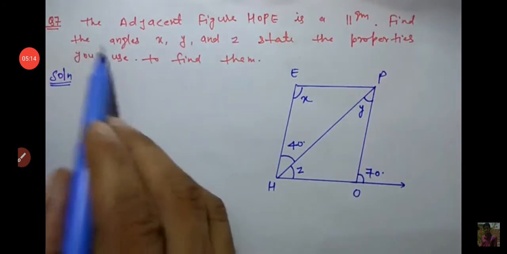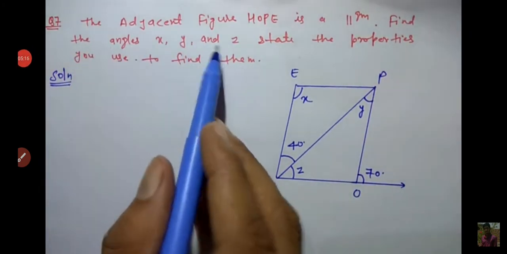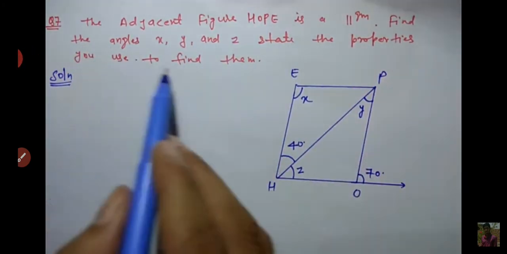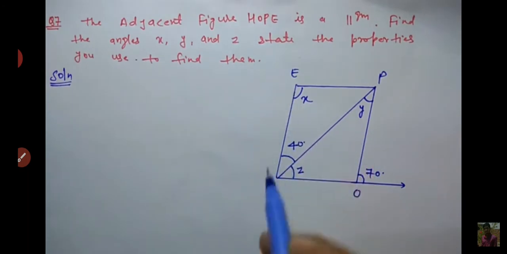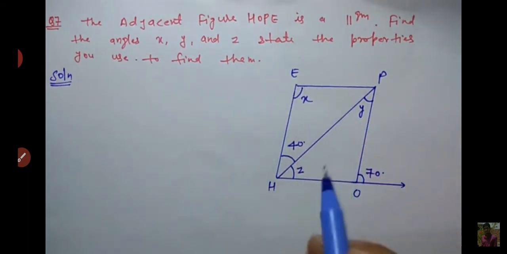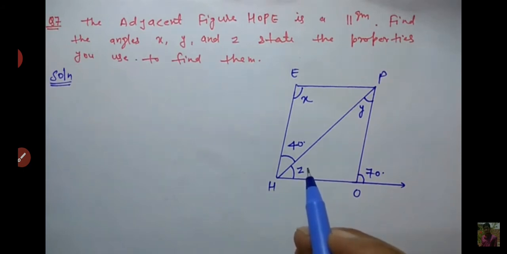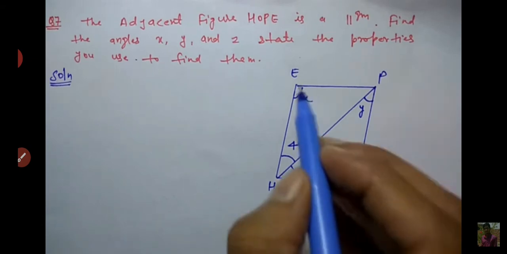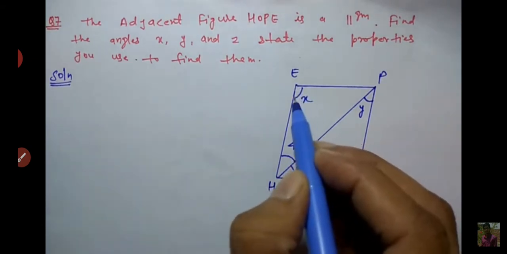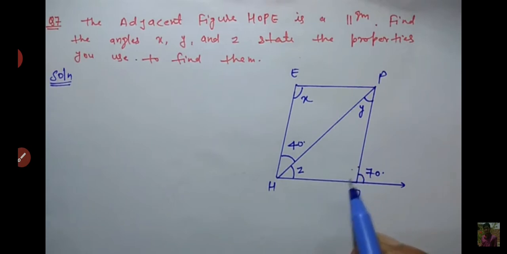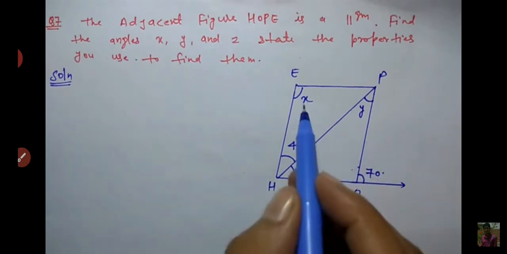Now let us read question number 7. The adjacent figure HOPE is a parallelogram. Find the angles x, y and z. State the properties you use to find them. Which property do you use? You have to find the angles. The angles are x, y and z, and it is given this angle is 40 degrees. If it is x, then this is also x.